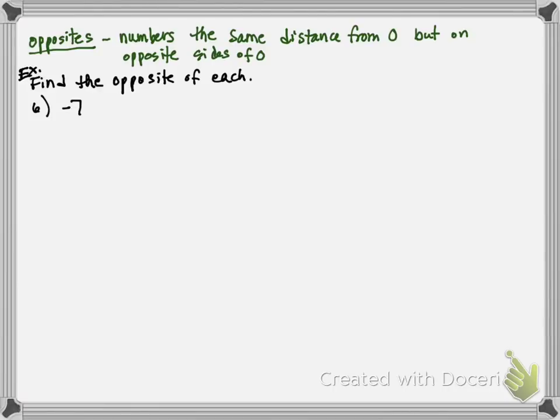So I'm going to use an arrow and then write the answer. So the opposite of a -7 is a +7. What's the opposite of 4? Well, it would be on the other side of 0, so it would be -4. Okay? We're going to do one word problem, so sorry to make you write.